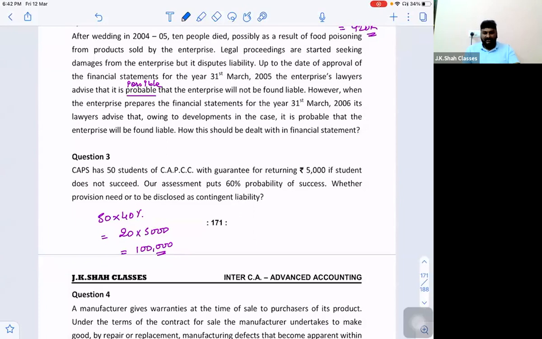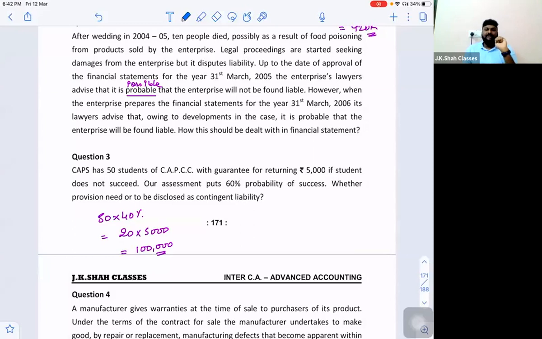Pratham, 60-40. All students are in a 60-40 ratio, because one student's result is not related to another student's result, unless they are sitting front and back in the exam and copying. So if I go individually, the chance of success is 60% and the chance of loss is only 40%.